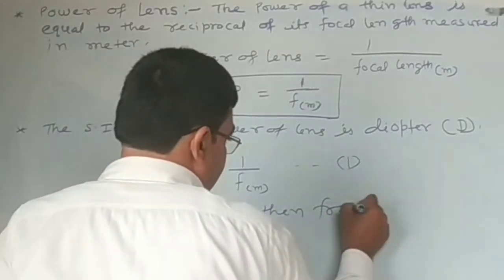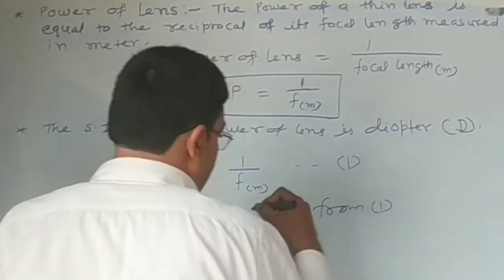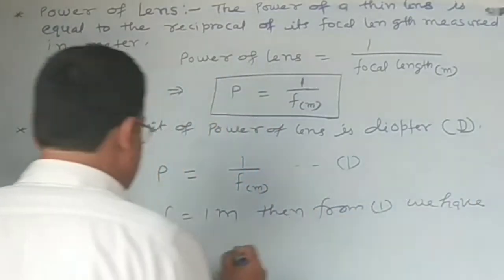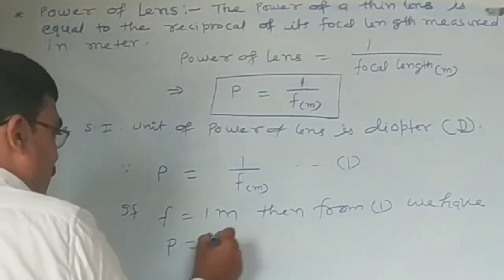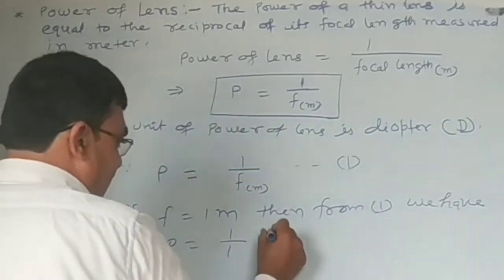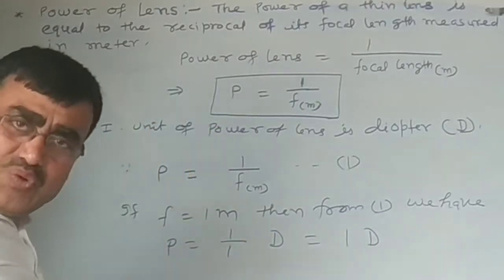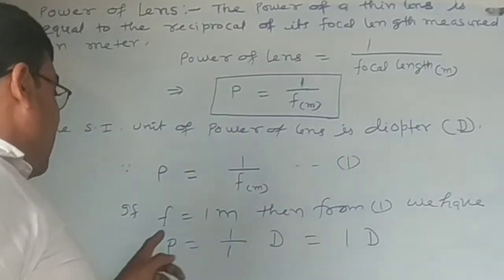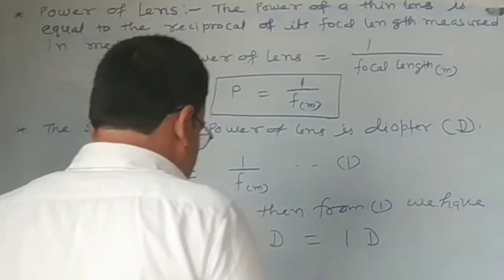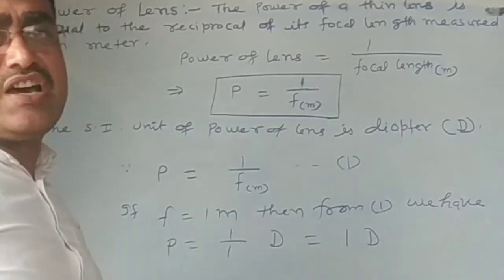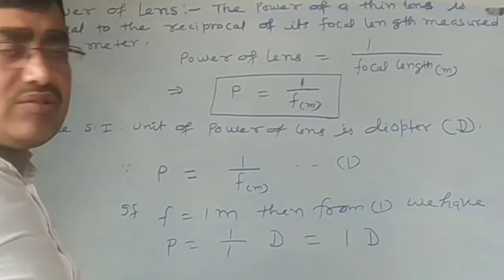From 1 we have, P is equal to 1 by 1 D. That implies 1 diopter. Okay, this gives the definition of 1 diopter of power.